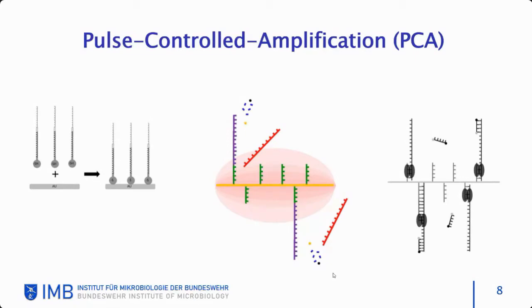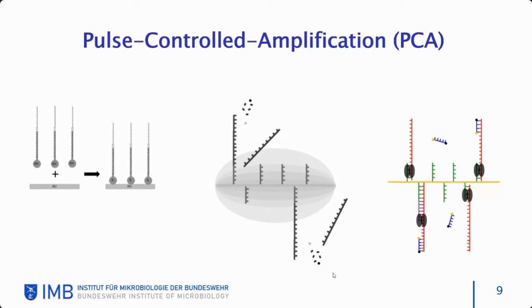So eventually causing ultra-fast local heating events just around the wires, which are used for denaturation, while the remaining bulk of the reaction is always kept at base temperature. So in the end, with PCA, you have all the basic steps of a qPCR. So we have annealing, we have elongation, probe hybridization, etc. But each cycle is very, very short, and thus we can run a very large amount of cycles in a very short amount of time.